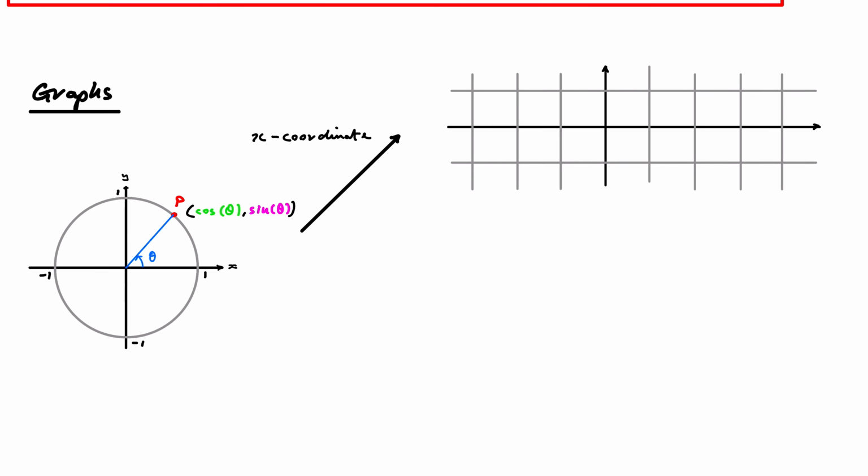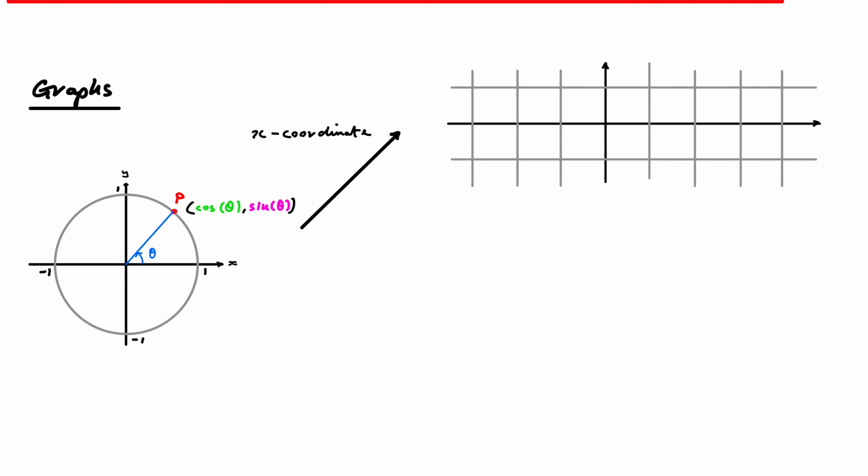Let's label my axes. First of all, the independent variable is theta. That's what's going into the function. Now what's going out of the function? Well, let's use x as the output here, rather than writing y, because I'm thinking about the x coordinate of this position P. So it makes sense to write this.